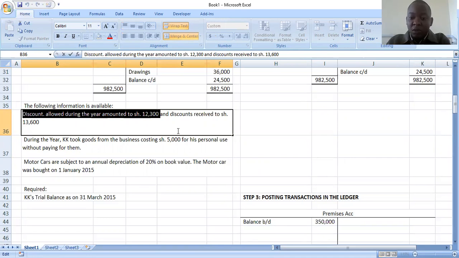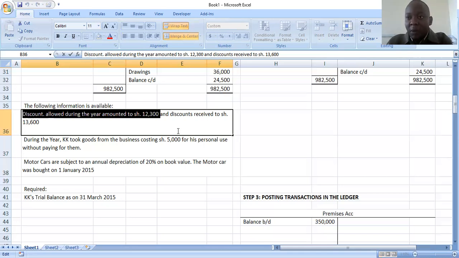When you give the customers a discount, they will end up owing you less. Say for example I owe you 200 shillings. I am your customer, or rather your debtor, and then you give me a discount of 100 shillings.